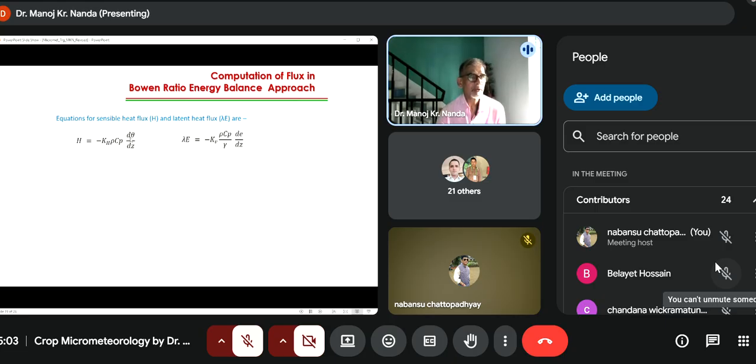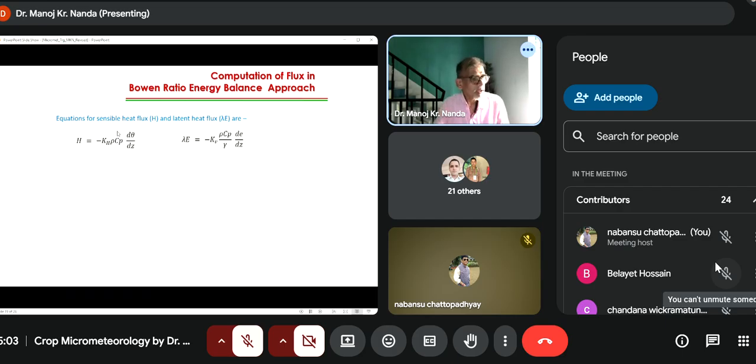And theta, you can actually write it as T, but conventionally theta is used when there is a potential temperature. In micrometeorology, there is not much difference between potential temperature and actual temperature, because we are considering a smaller layer. Within this smaller layer, the pressure varies little. So potential temperature is almost the same as actual temperature. Now d theta by dz, some people write it as dT by dz. There is no harm in it.